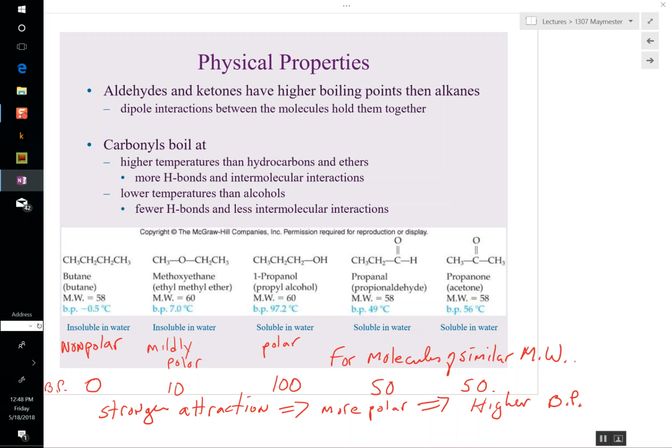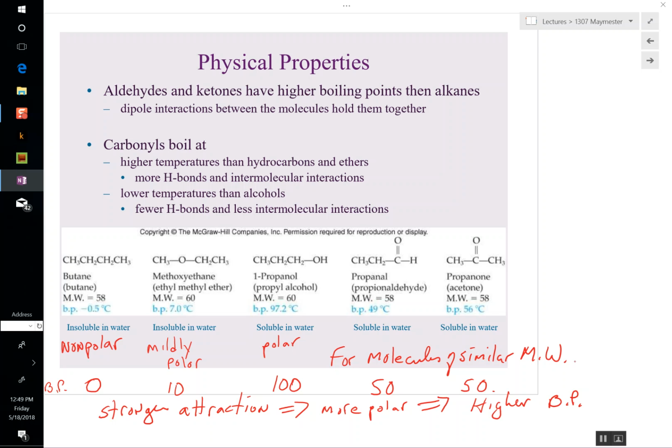Molecular weight and boiling point, generally speaking, as molecular weight increases, boiling point increases. If you had alcohols or aldehydes or ketones or anything, if everything else was the same, as the molecular weight went up, boiling point would go up.